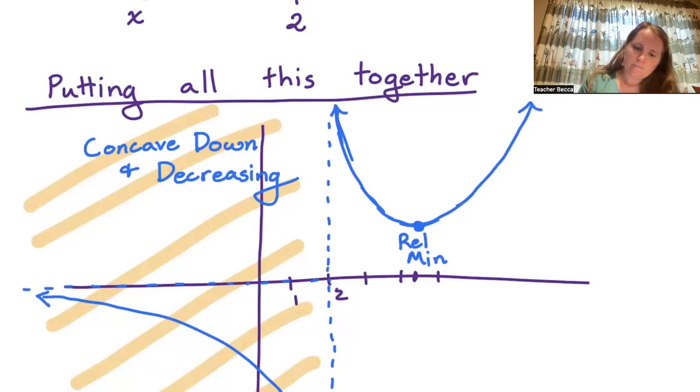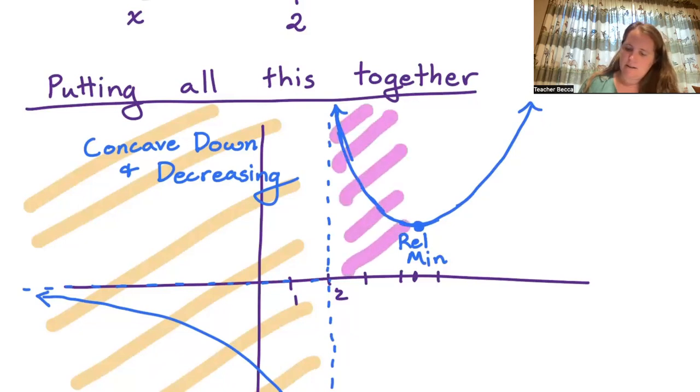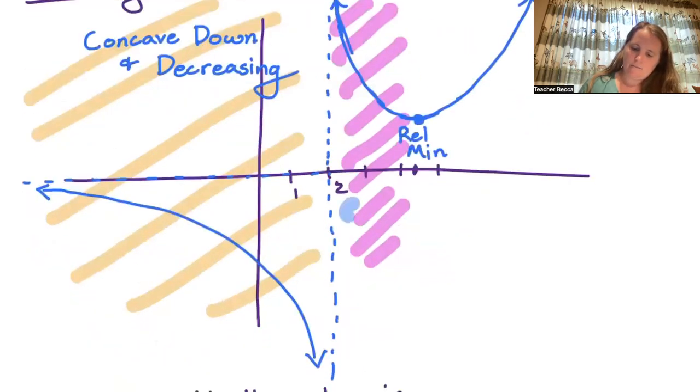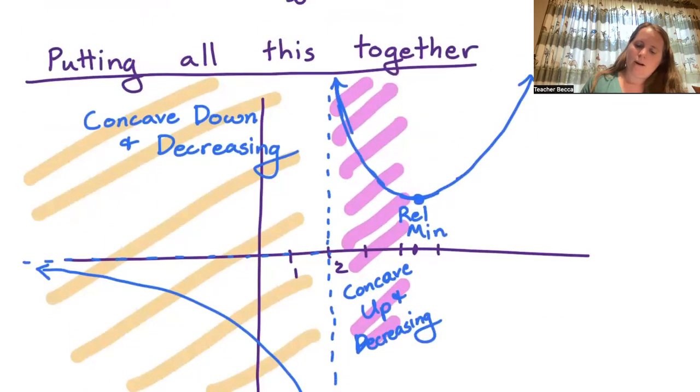So until that 4.299, we knew that it was decreasing and concave up. And then to the right of our 4.299, we knew that we were concave up and increasing.